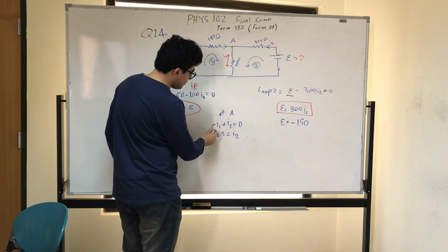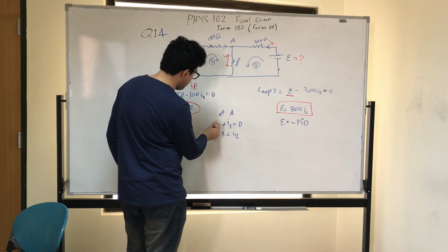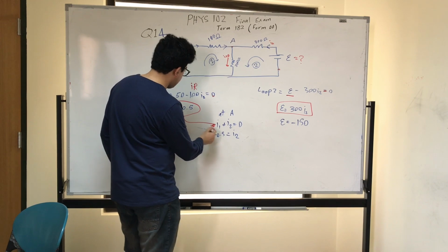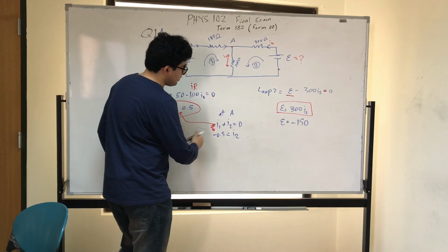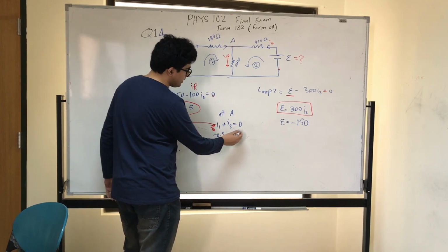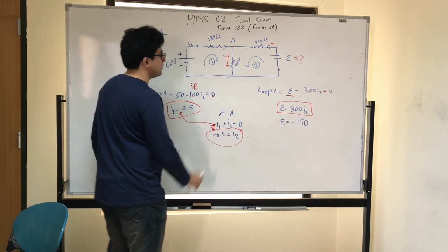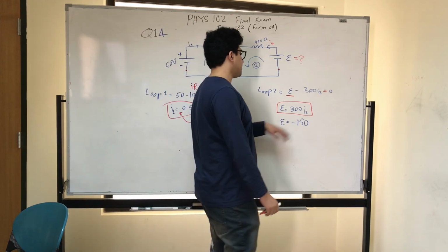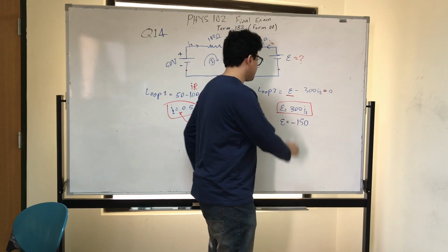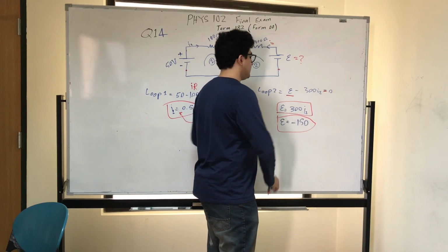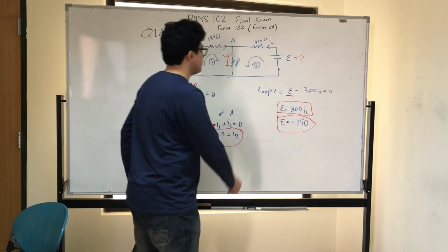So we know the value of I1. I1 is just 0.5. So if you plug in 0.5 over here, you'll be getting that I2 is just negative 0.5. And if you plug 0.5 over here, you'll be getting negative 150. And that would be your answer.